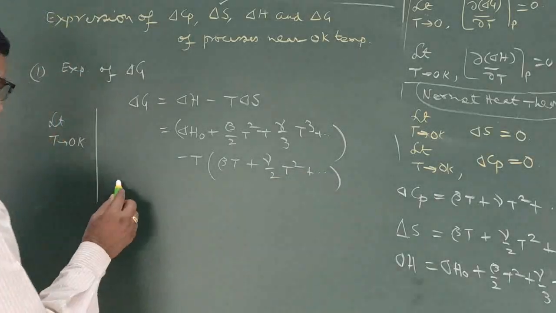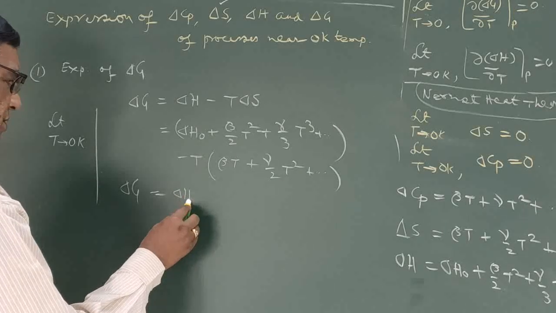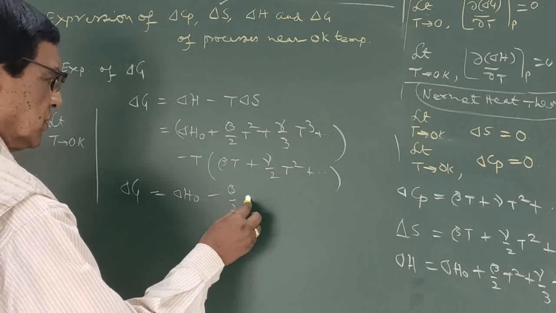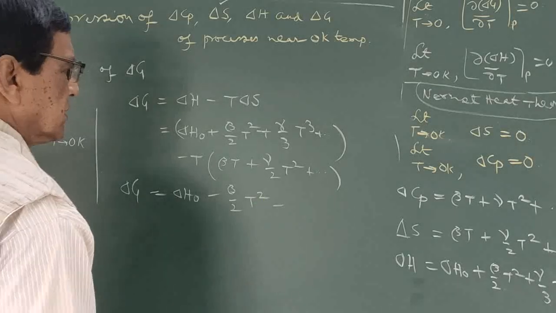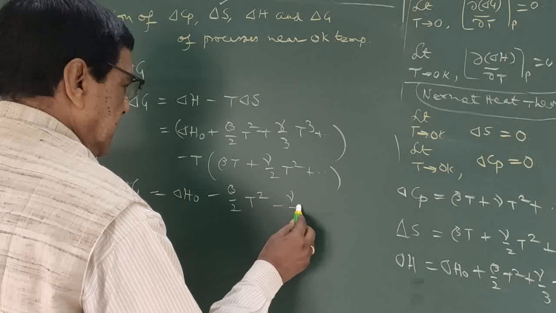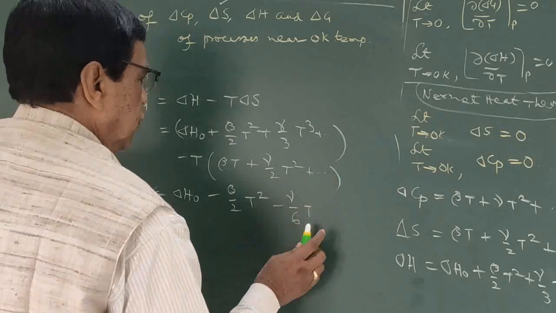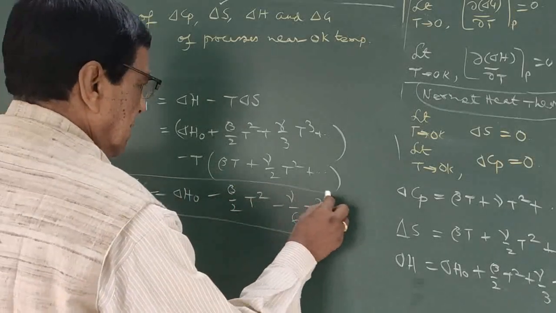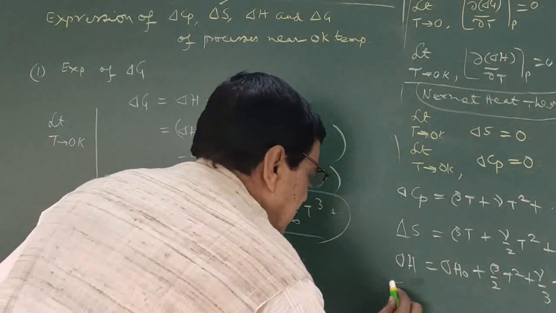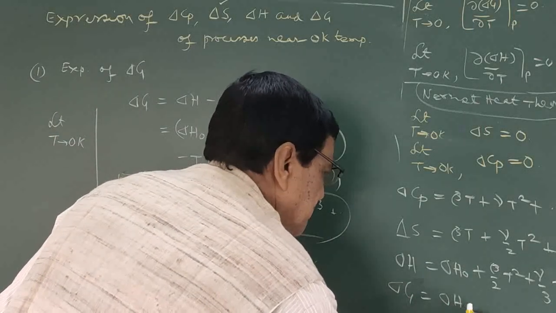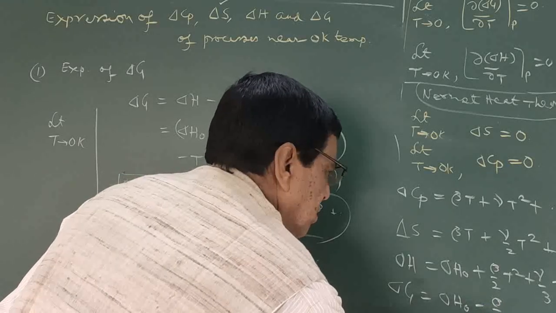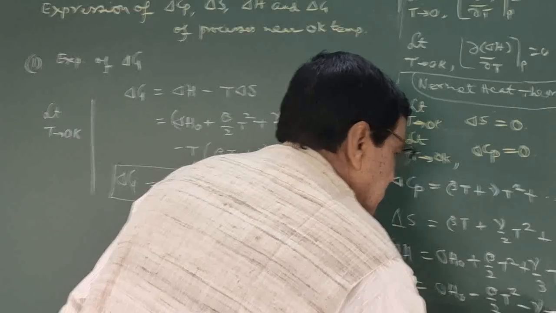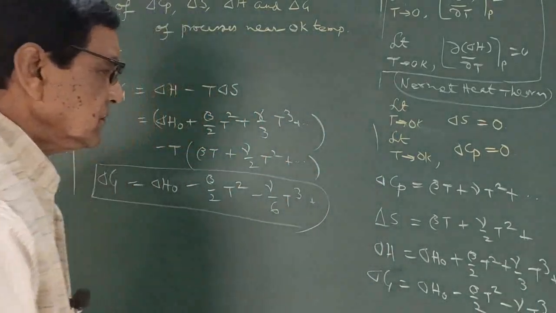So the relation is: delta G is equal to delta H naught minus beta by 2 T square minus gamma by 6 T cube plus so on. So this last one, delta G, is equal to delta H naught minus beta by 2 T square minus gamma by 6 T cube.